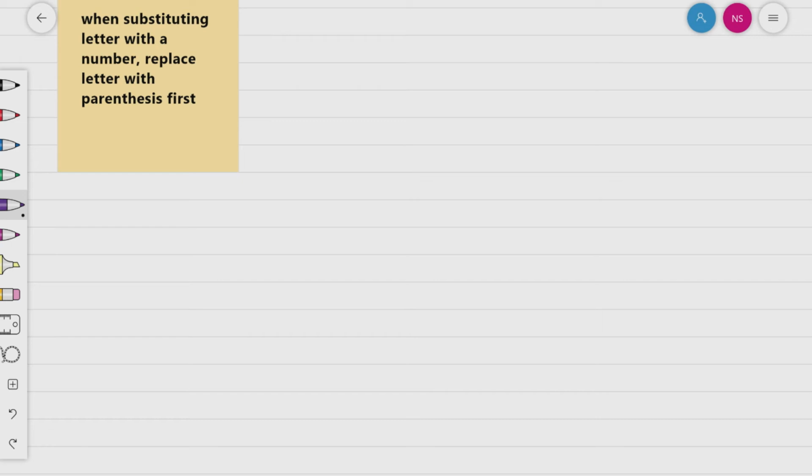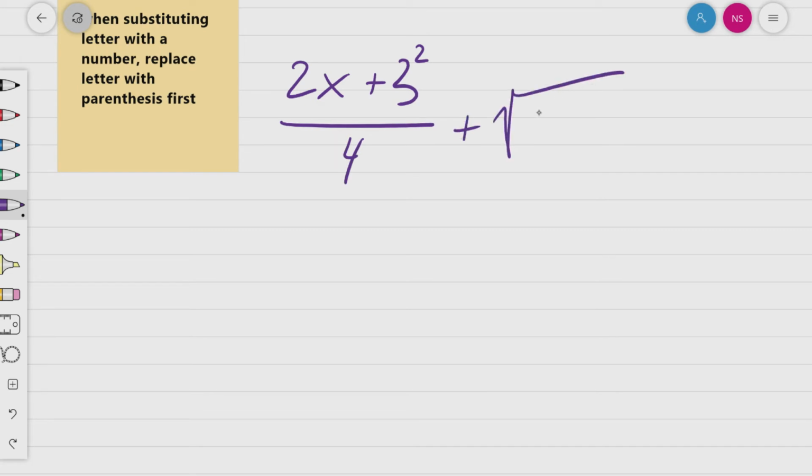It's going to have very intimidating expressions, so let's actually try to do one of them right now, of how it's going to come across, just so you could be aware of any sort of tricks that you have to come up with. So they give us 2x plus 3 squared, all of that over, let's say 4, plus the square root of, I don't know, 7.